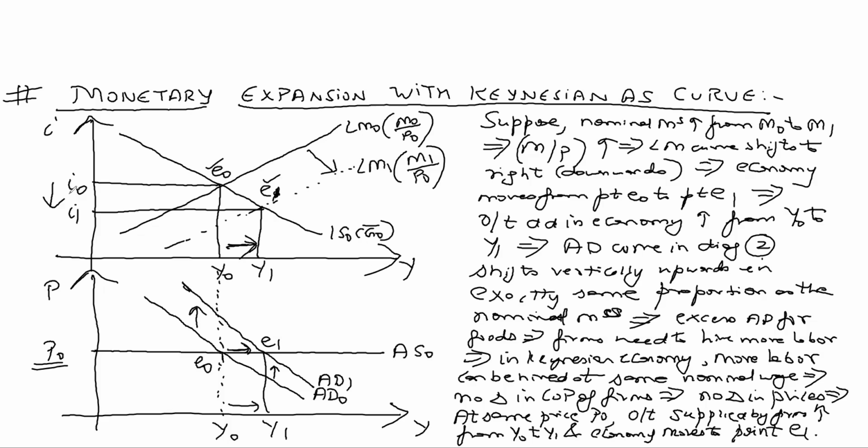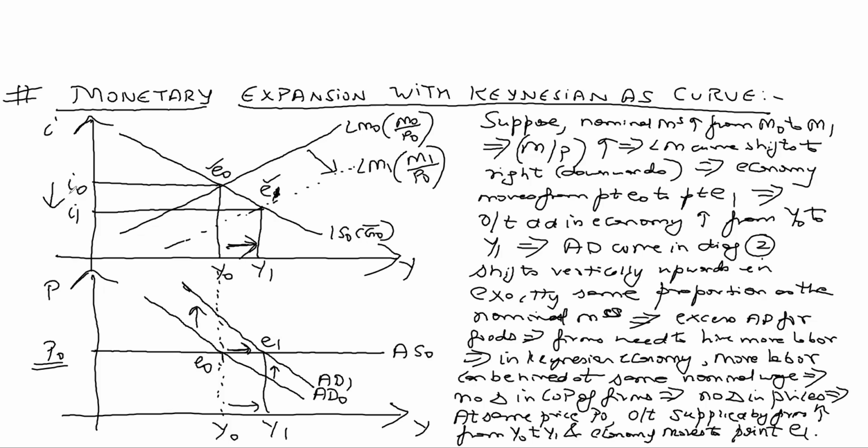However, if you look at monetary expansion under the classical AS curve, in that case also it was causing the interest rates to fall. So in both the cases, in monetary expansion, interest rates are falling, which causes the investment to rise. But in fiscal expansion, you will see that interest rates rise, which will ultimately cause investments to fall.